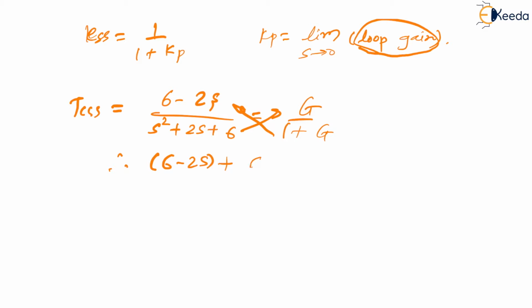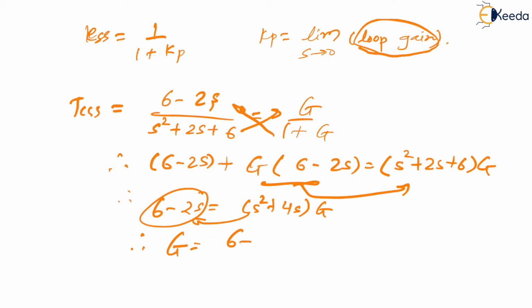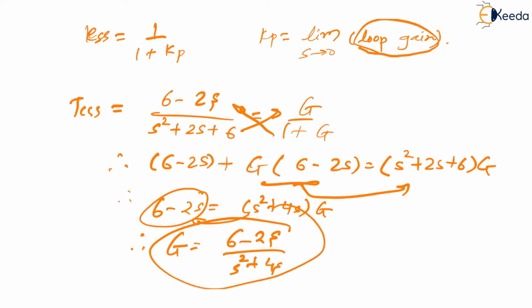You get 6 minus 2s plus G into 6 minus 2s, which is equal to s squared plus 2s plus 6 into G. Is that correct? Yes. Therefore, now let me take this G on one side. What do I get then? 6 minus 2s equal to s squared plus 4s into G. Correct? Now, what is G now? G is nothing but equal to 6 minus 2s divided by this term. So 6 minus 2s upon s squared plus 4s. This becomes my open loop transfer function G.